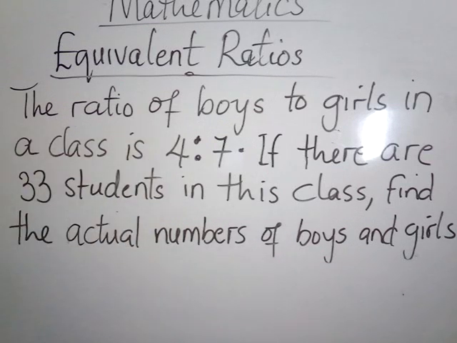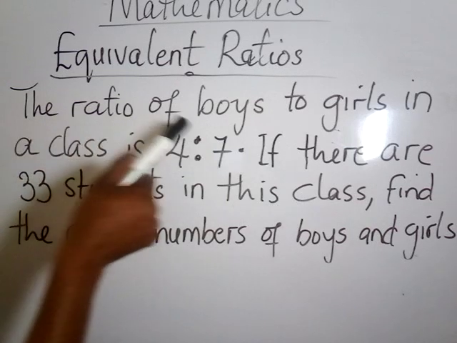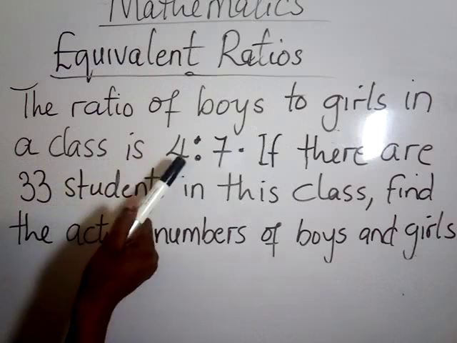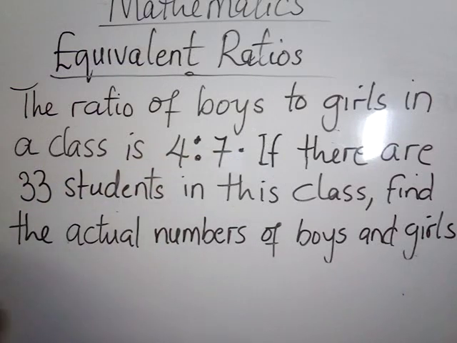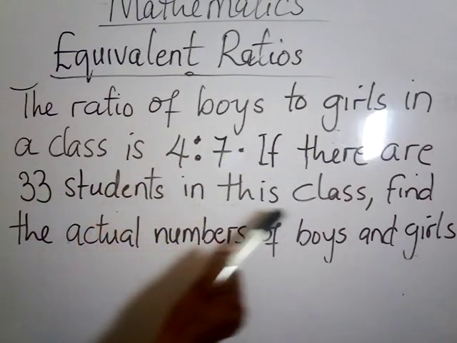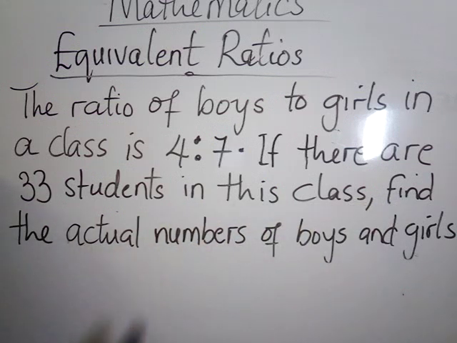I am still using the same one for us to look at a case scenario and see how it plays out. The ratio of boys to girls in a class is 4 to 7. If there are 33 students in this class, find the actual numbers of boys and girls. We're going to see something very interesting.